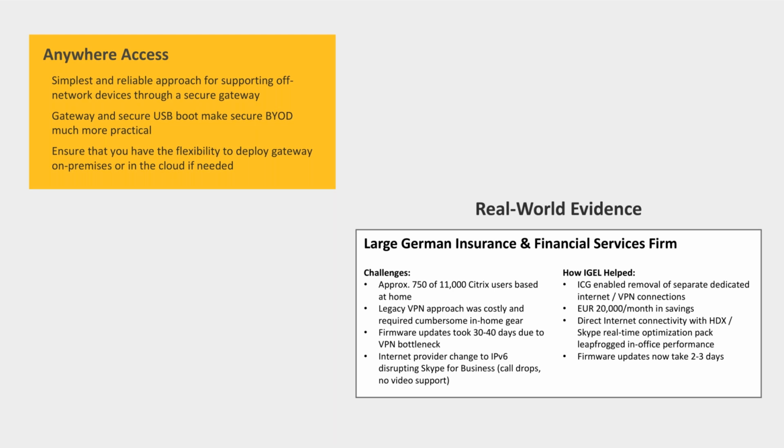But not only did it save them money, it actually solved a lot of their issues, because from a user experience standpoint, they're now directly connecting these devices to the internet, but utilizing the Citrix HDX and the real-time optimization pack for Skype to deliver a very high quality experience, to the point where they were saying the home users actually now have a better experience with Skype than users at the office.